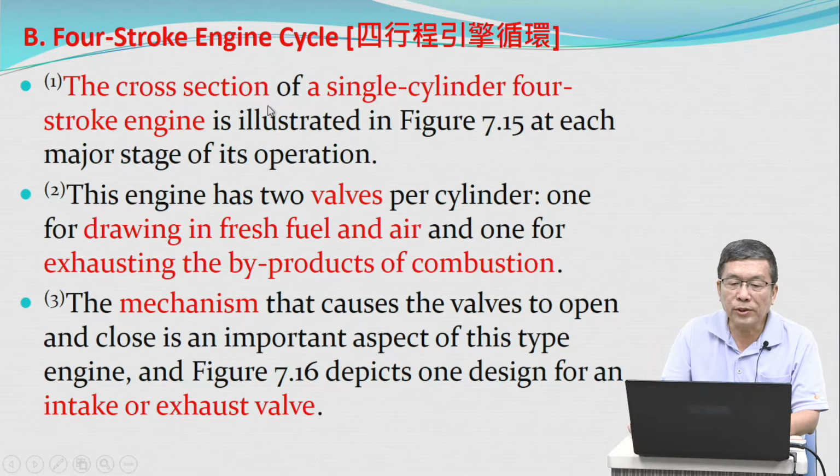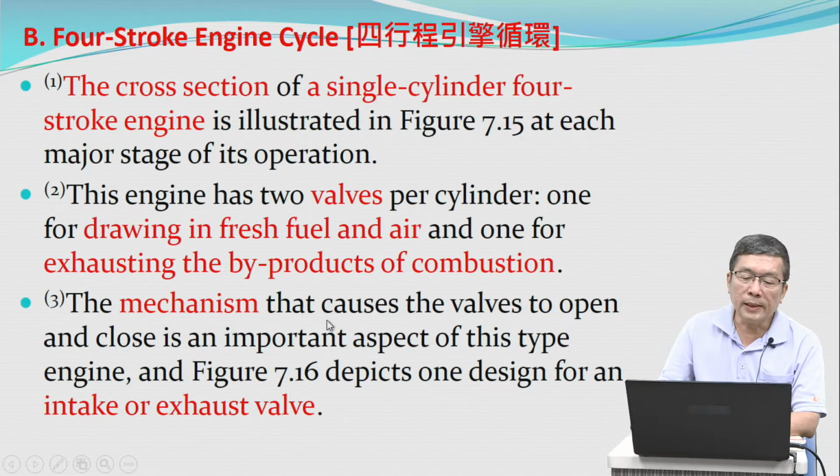The cross-section of a single-cylinder four-stroke engine is illustrated in Figure 7.15 at each major stage of its operation. This engine has two valves per cylinder, one for drawing in fresh fuel and air, and one for exhausting the byproducts of combustion.